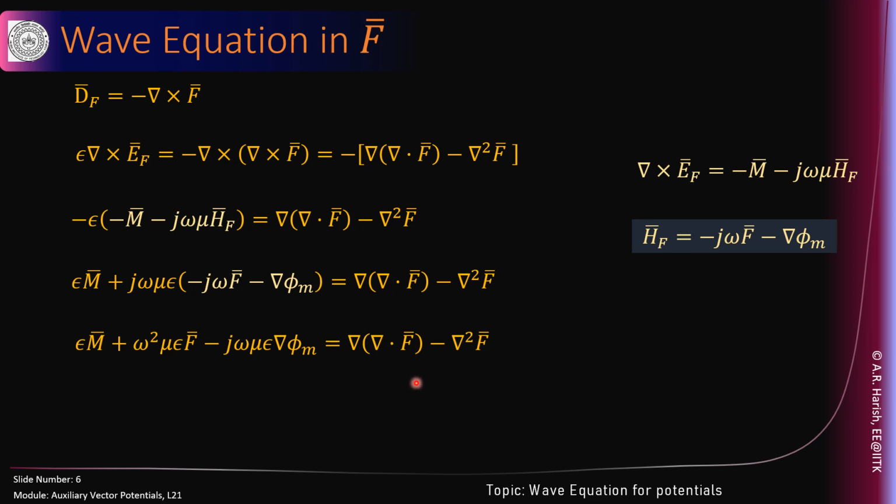We still haven't defined the divergence of F, therefore we define the divergence of F as minus j omega mu epsilon phi_m, and in that process this term gets cancelled off.